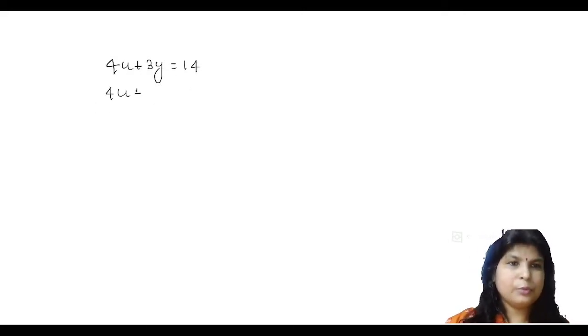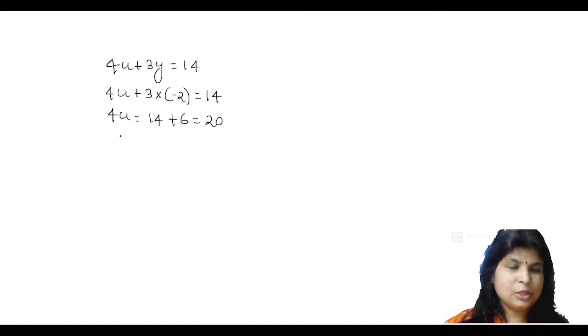So 4u plus 3 into minus 2 is equal to 14. So 4u is equal to 14. Here it is minus 6. So this becomes plus 6 and it is 20. So what will be your u value? u value will be 20 divided by 4, that is 5.